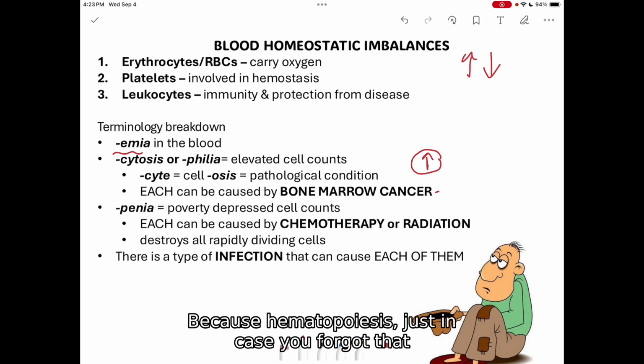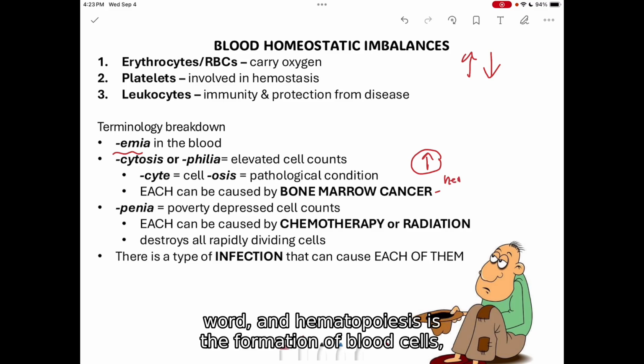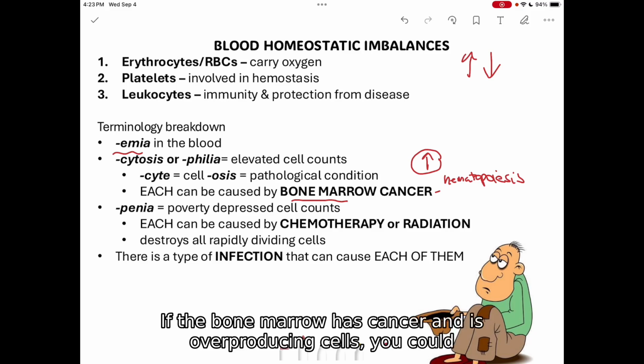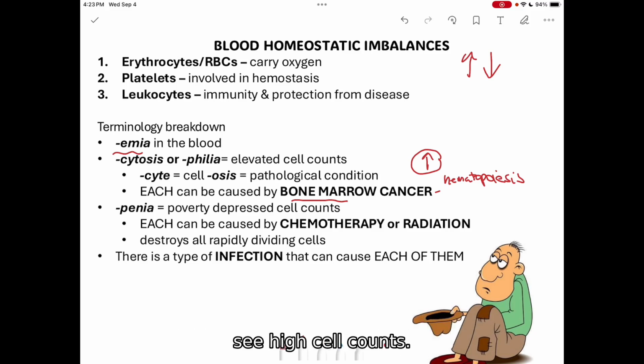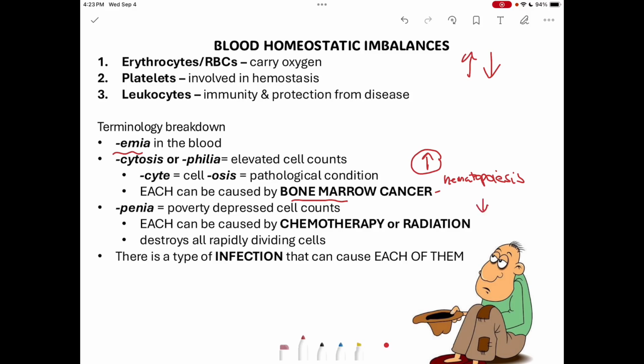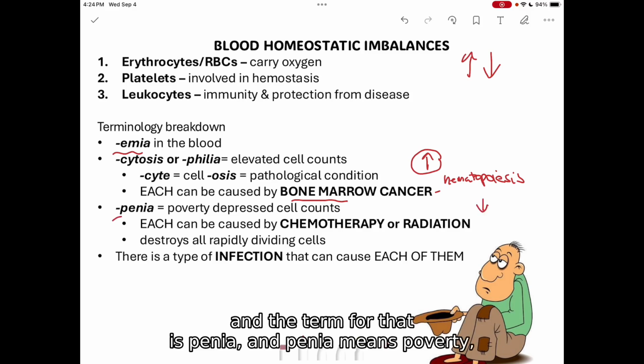Because hematopoiesis, just in case you forgot that word, is the formation of blood cells, it occurs in the bone marrow. If the bone marrow has cancer and is overproducing cells, you could see high cell counts. The other way would be if cell counts are low, and the term for that is penia, and penia means poverty.